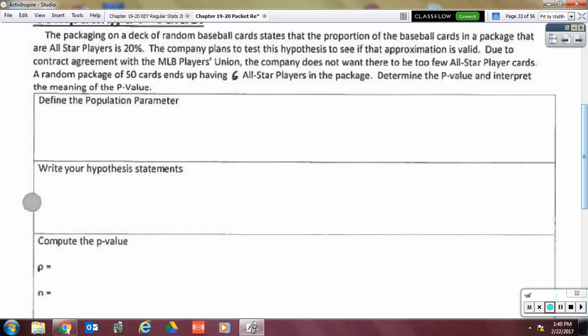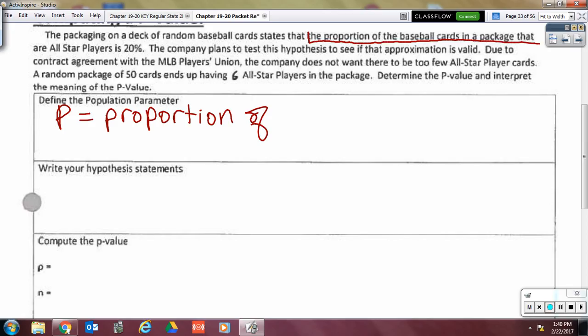So, first, define the population parameter. What is this problem about? Proportion of what? So p equals the proportion of the deck of cards? Oh yeah, gotcha. Nice. Look at how it says this. Proportion of baseball cards that are all-star players.